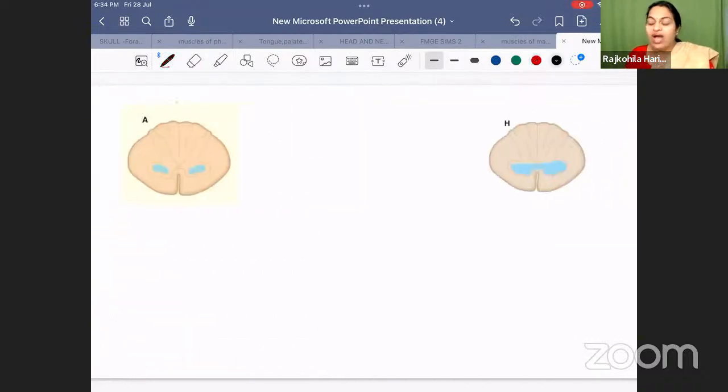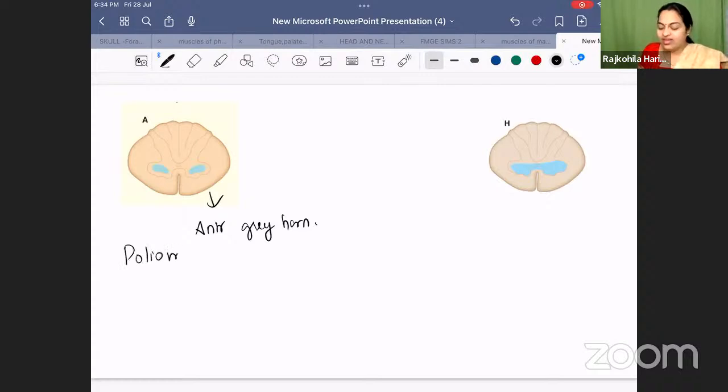Now help me to identify these spinal cord syndromes also. So where is the lesion here? In the anterior gray horn. Okay, so which disease affects the motor neurons in the anterior gray horn? Yes, poliomyelitis, right? So that will present with lower motor neuron features of palsy.